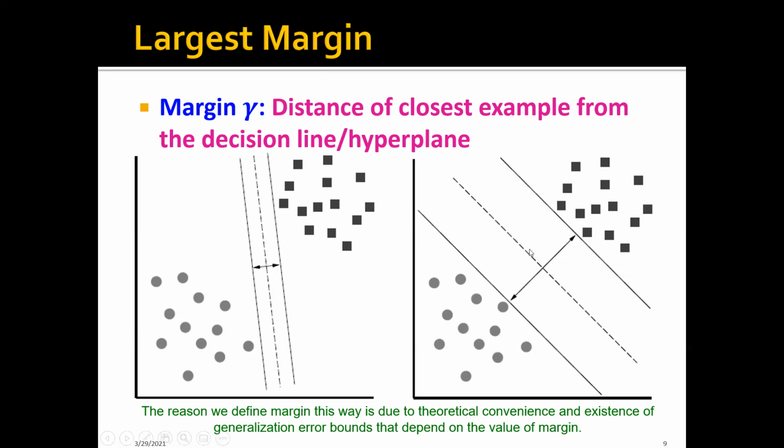Intuitively, you will think that the best decision boundary would be one that can maximize the margin gamma. This is exactly the idea of SVM. Why do we want a model that has the largest margin gamma?